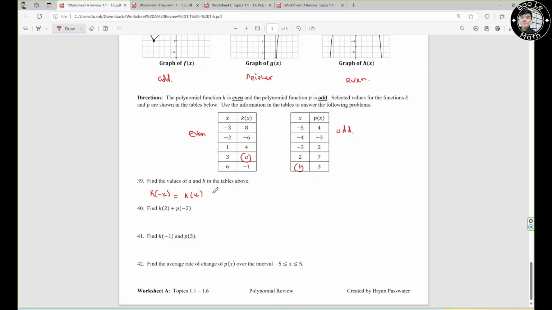So we look at this one right here. We have k of negative 3 equals 8, and then k of 3 must be the same thing, equals 8. So the answer for a is 8.